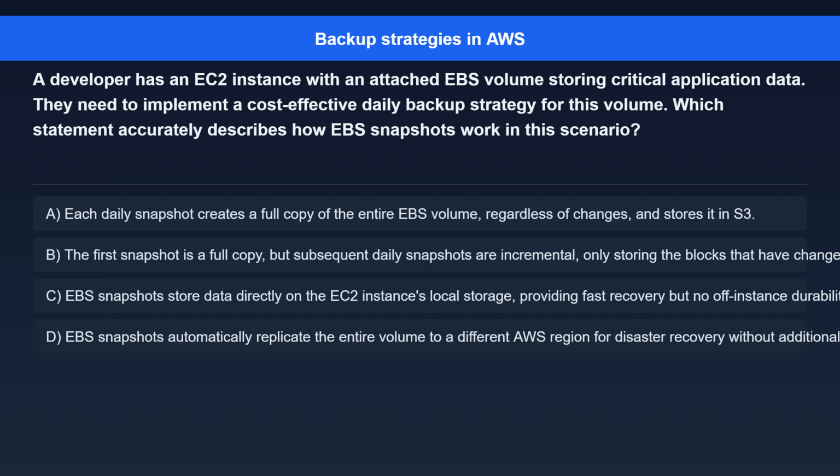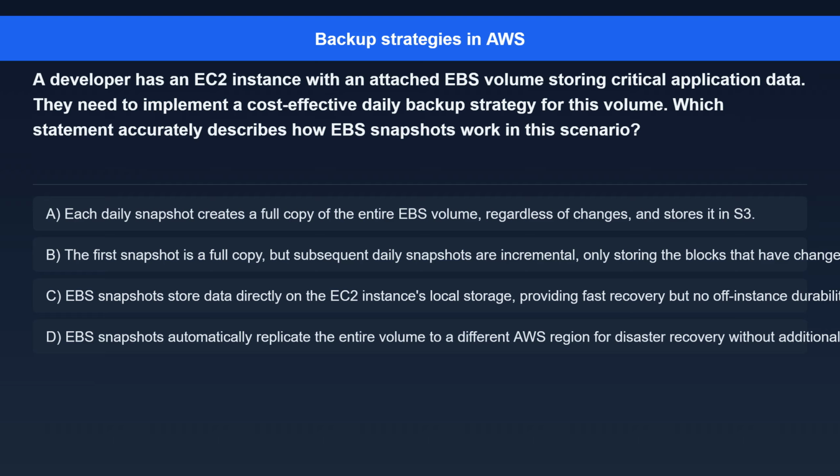Option A. Each daily snapshot creates a full copy of the entire EBS volume, regardless of changes, and stores it in S3. Option B. The first snapshot is a full copy, but subsequent daily snapshots are incremental, only storing the blocks that have changed since the last snapshot and are stored in S3.